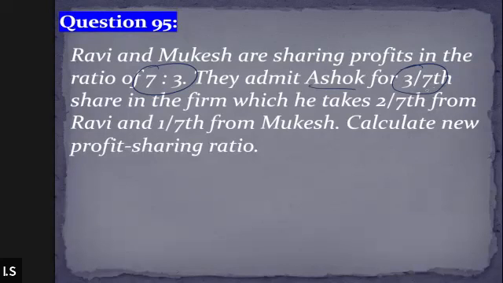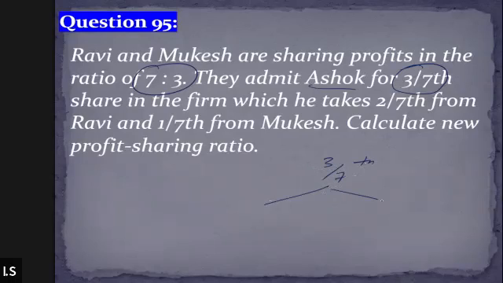Now this question is telling us from whom he will be acquiring 3/7 share. Earlier, in the previous question, it was only written that 1/5 share of the profit will be acquired by the new partner. In this question, it is written that Ashok is going to acquire 3/7 share, and from whom he will be acquiring it, in what proportion, this is also given.